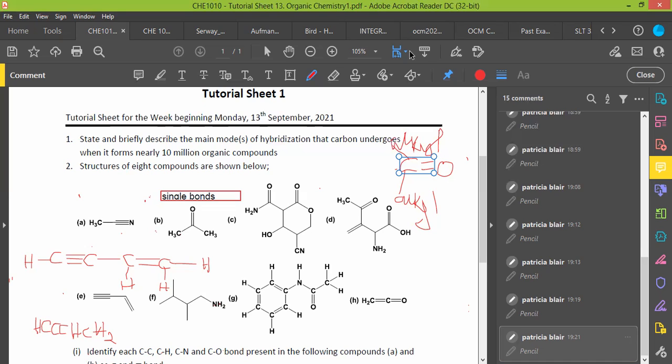If you have an alkyl group on one end and on the other end you have a hydrogen atom, that particular end simply means that it is an aldehyde. Okay, when hydrogen is attached on one side and an alkyl group on the other side, that is an aldehyde.